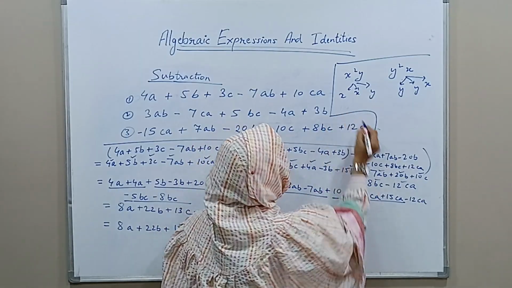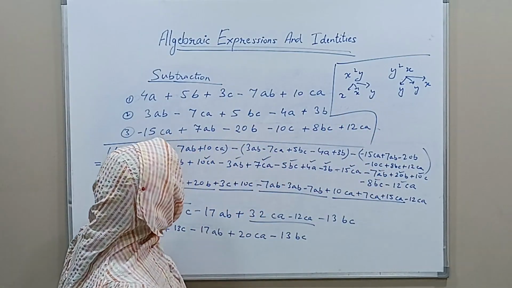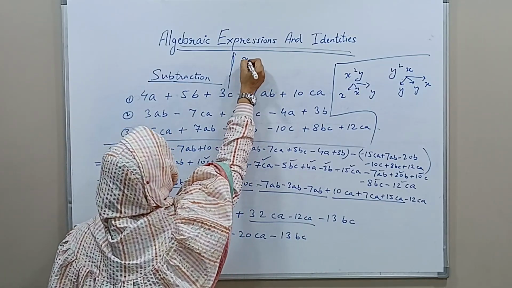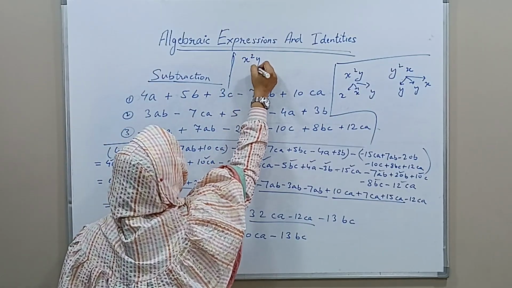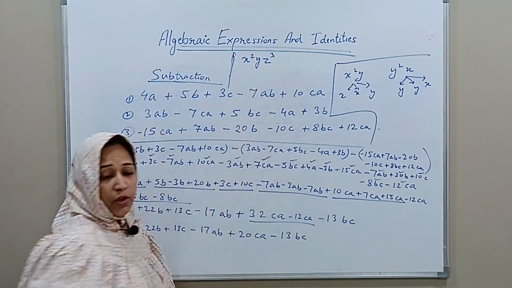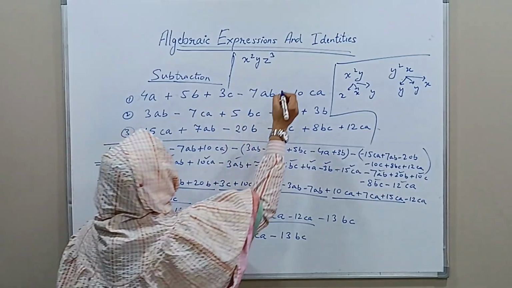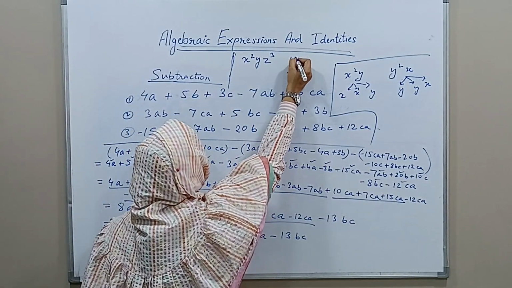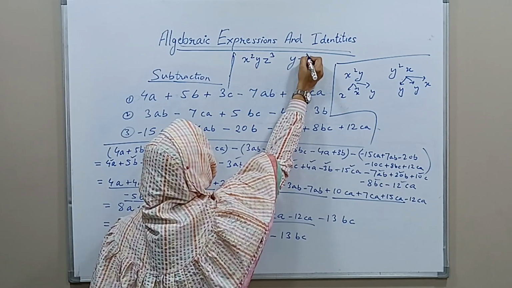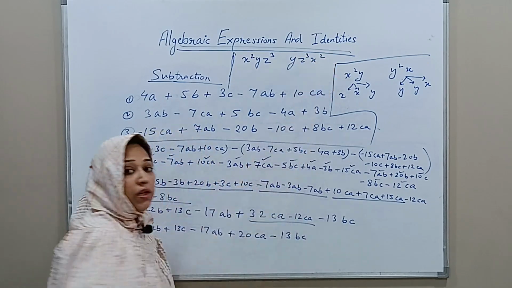Whereas if I say, let me do it here, we have a space. If I say we have x square y z to the power 3, one term, and we have another term with variables, we have y z to the power 3 x square.